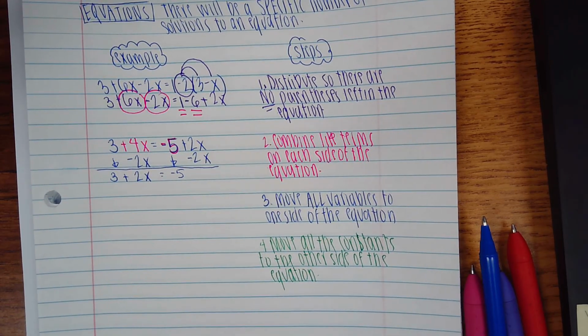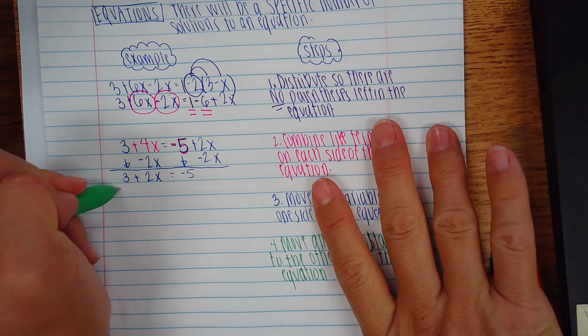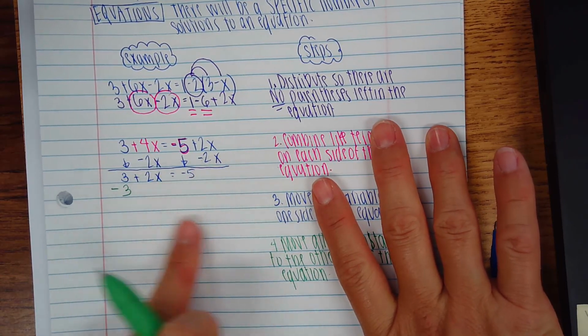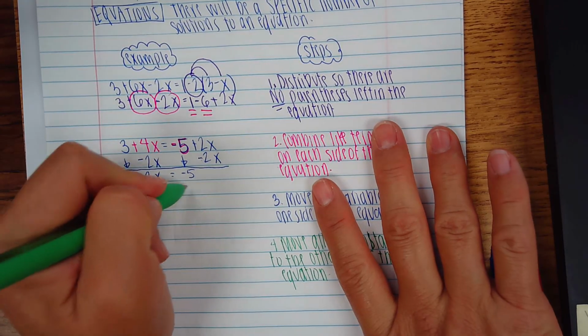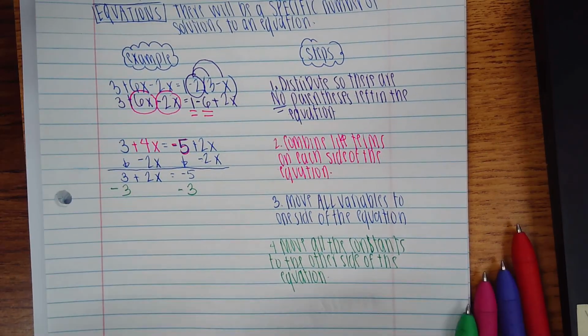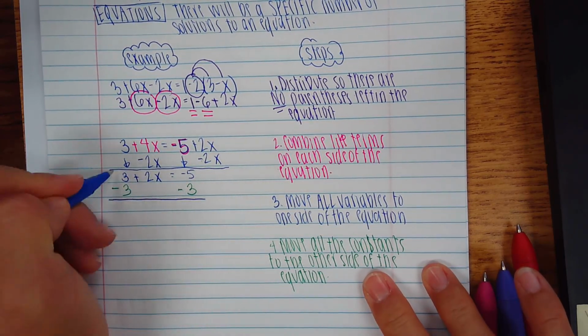Let's go ahead and do that. I'm going to subtract 3. Since my variable's here, I'm going to move them over to the right side. So -3 and -3. And I'll draw my line and bring everything down.